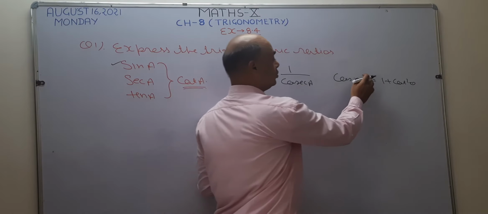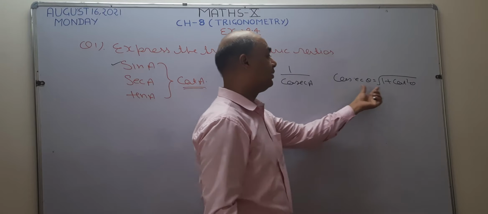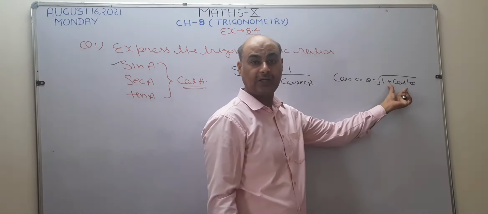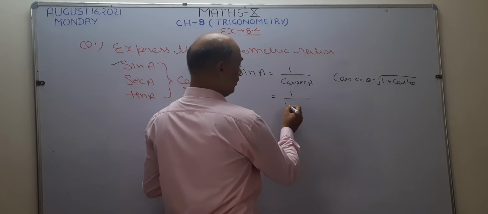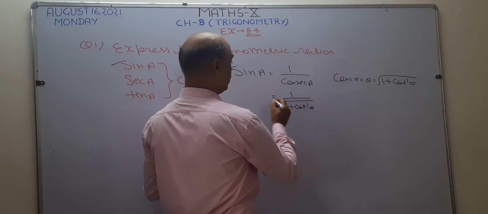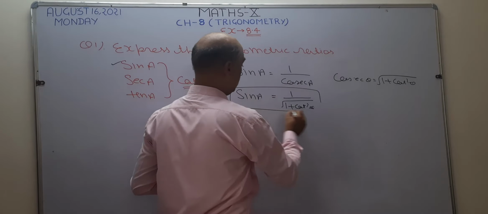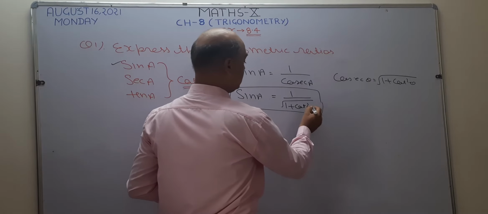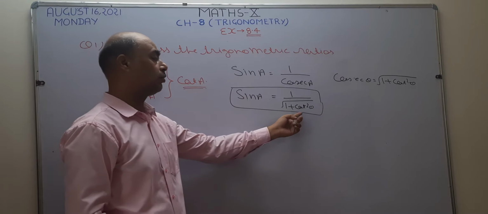When I want to remove this square, it becomes square root. It means cosec theta can be written as the square root of 1 plus cot square theta. So instead of cosec theta, I am going to use 1 plus cot square theta and its square root. So sin A is now in terms of cot. We are going to convert sin in terms of cot.